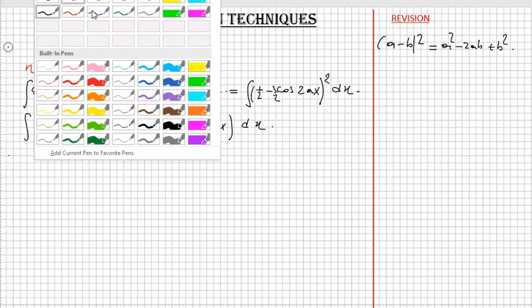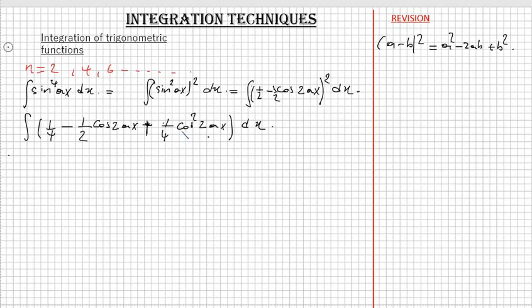So now we can see that I can still apply the identity law that I've written in the previous slides. So I'm gonna apply it to cos square, because I know that the relation for cos square 2ax is equal to half plus half cos 4ax. So this is what I have here.